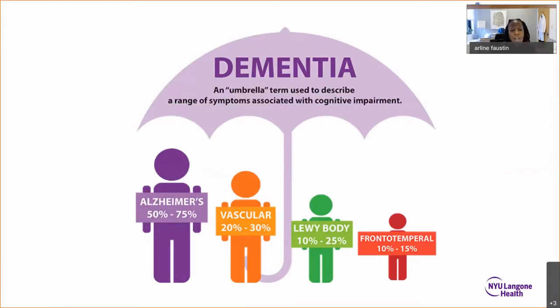So 50 to 75% of cases are, in fact, due to Alzheimer's disease. The second most common cause of dementia is vascular causing. So if you have hypertension, diabetes, don't get scared. It doesn't mean that you're suddenly having cognitive deficits all of a sudden, but those changes in your blood vessels over time will take a toll not only on your heart, but also on your brain.